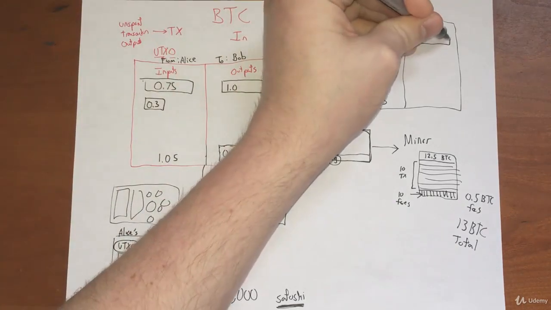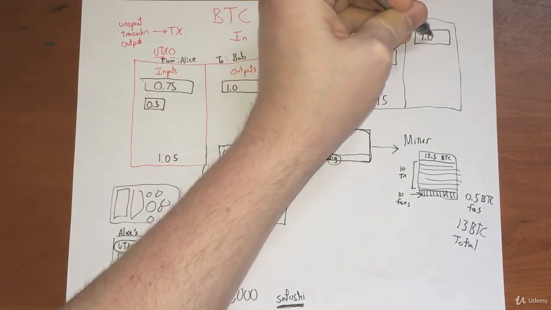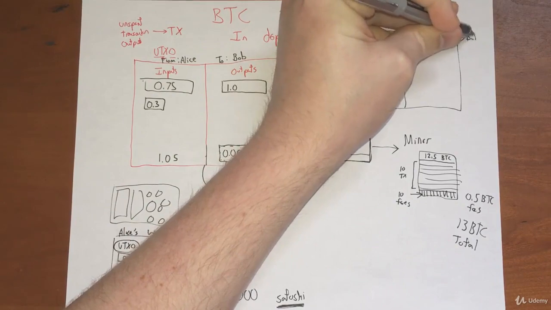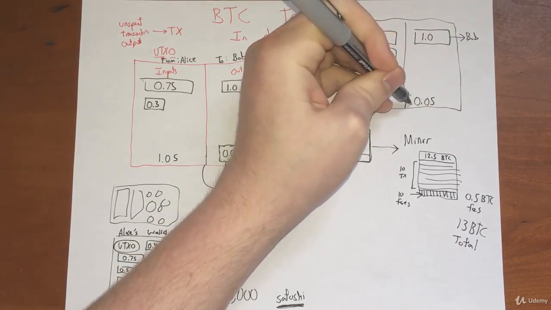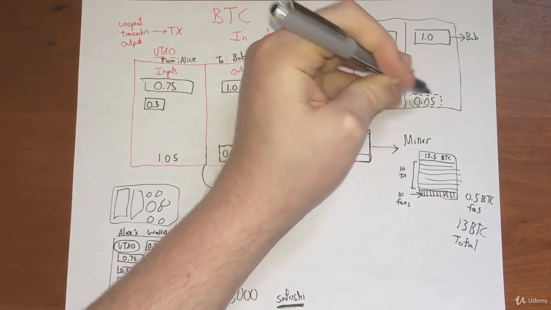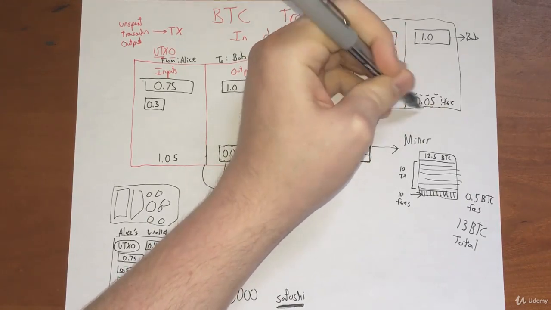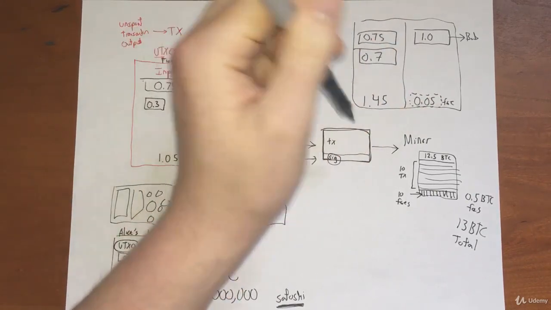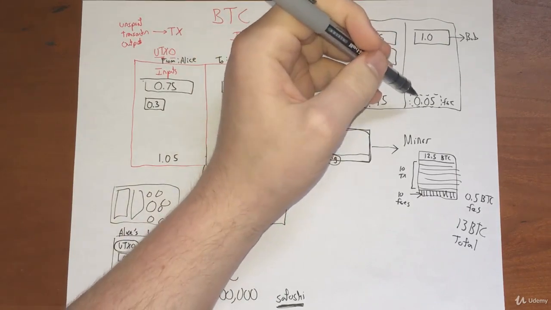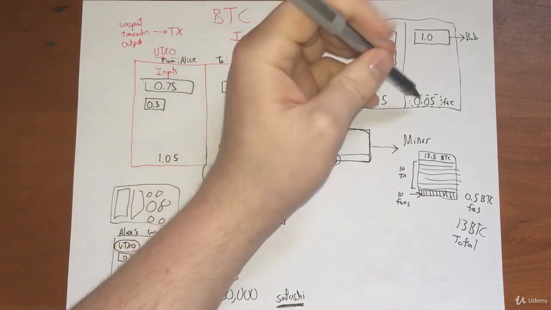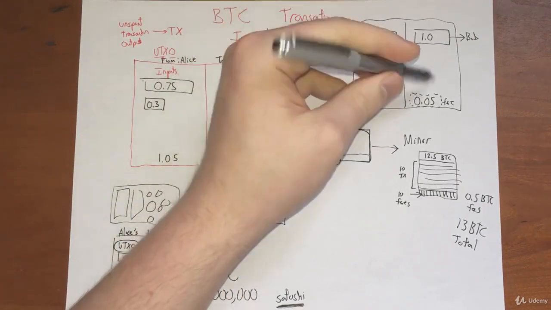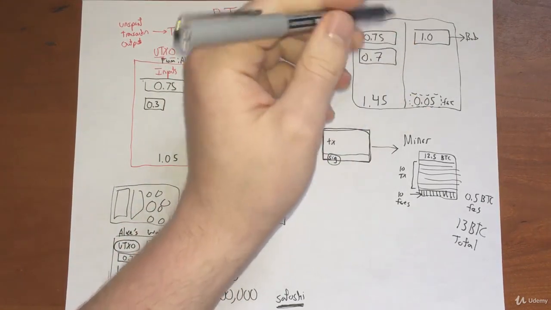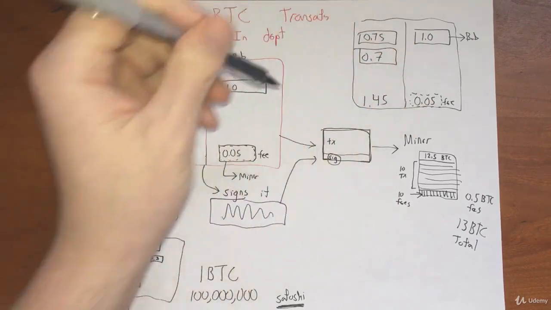You want to send 1 Bitcoin to Bob. You want to leave a 0.05 fee. And the reason I put it in dots is because to save space and to save data storage space, this fee is not actually included. The miner figures out what the fee is by what's the amount of money that's left over.